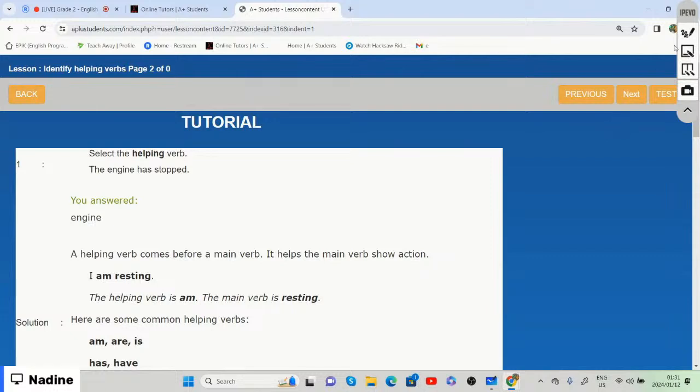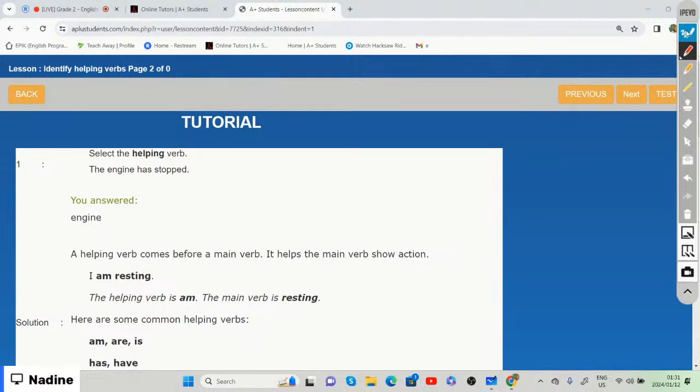If we select the helping verb, then we will say has is our helping verb. And the main verb, which we circle, is stopped.